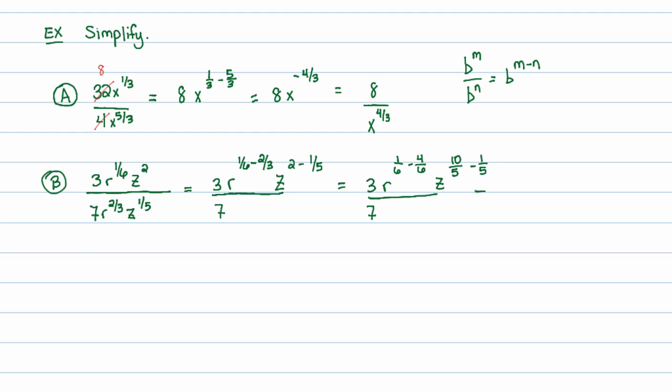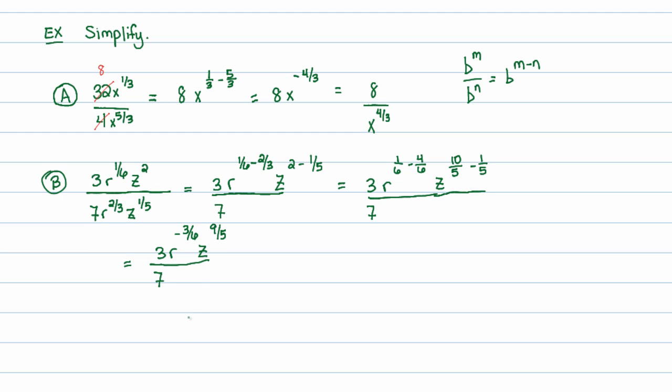I'm just doing it. And this will simplify down to 3 over 7. Let's see, r to the 1/6 minus 4/6 is negative 3/6. Z to the 10/5 minus 1/5. Well, I had 10 of them. I'm losing one of them. I have 9 of them.